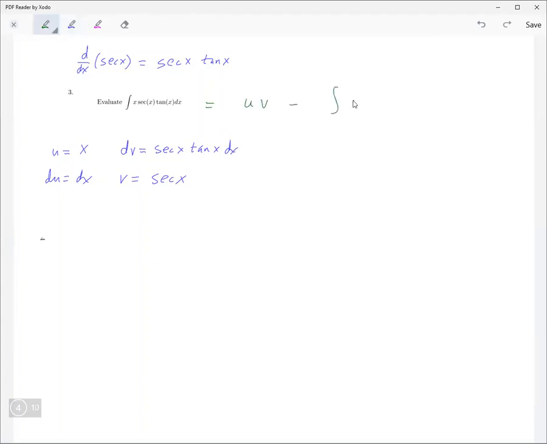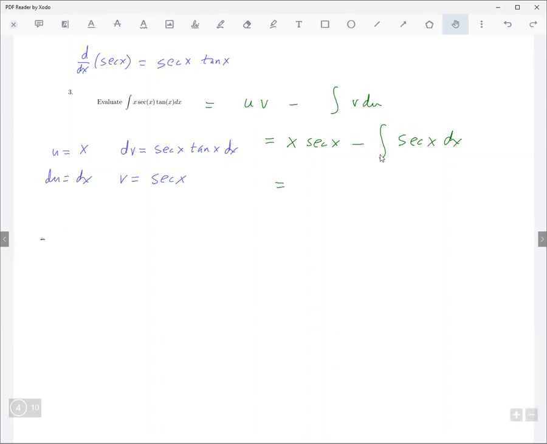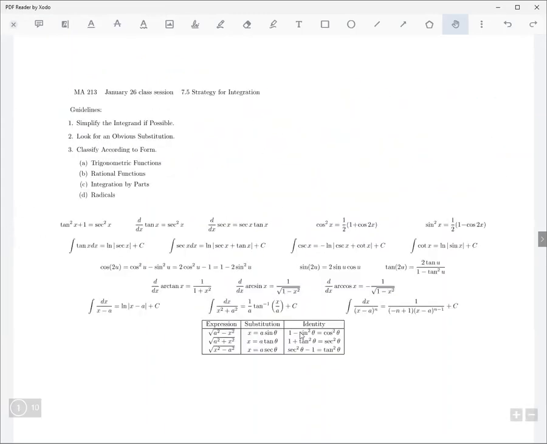So there's the formula right there. Plug everything in, u and v, so that's x secant x minus the integral of v du, that's just going to be secant x dx. And there's a formula for the integral of secant x. Let me go back to the first page. It's right here.